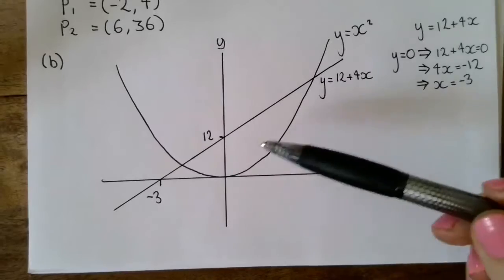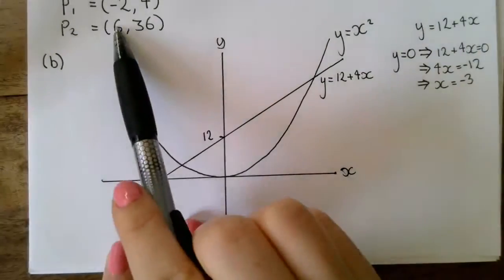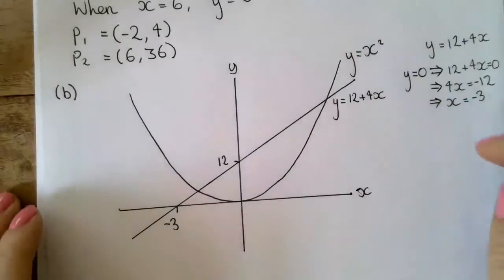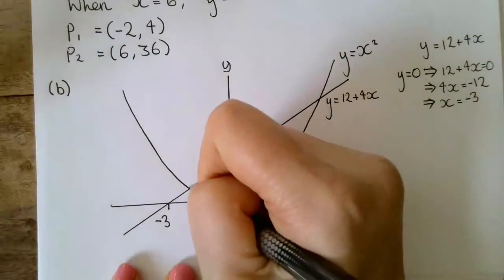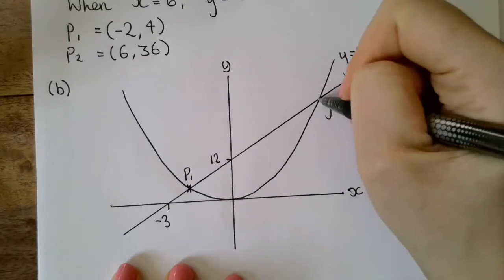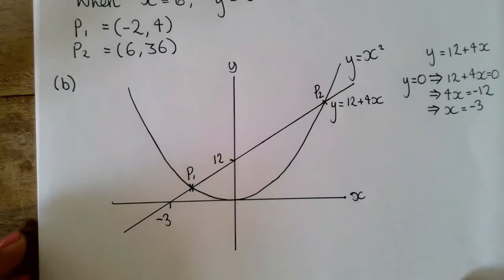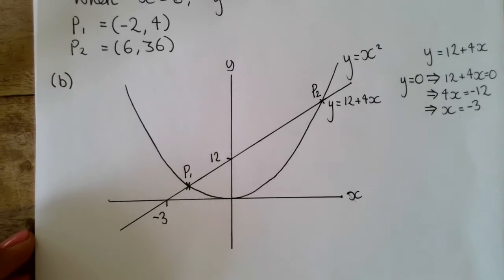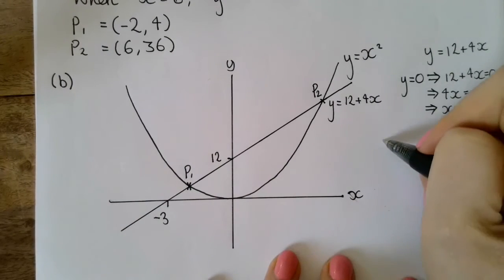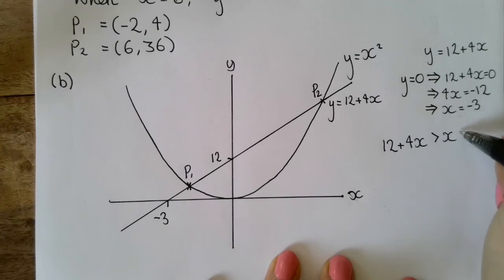Now P1 and P2 we can also label on here. So P1, that was -2, 4, so we can see that that must be this intersection point here, and P2 is this one here. Now we want to write down the solution to 12 plus 4x is greater than x squared.